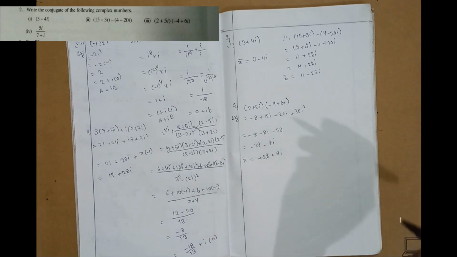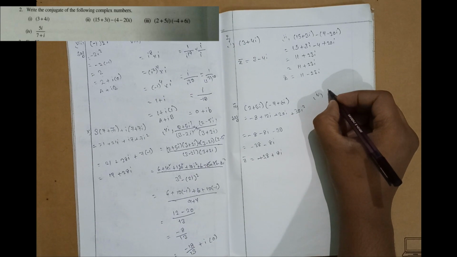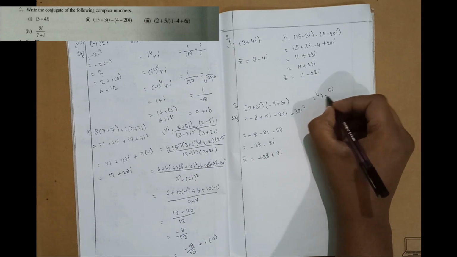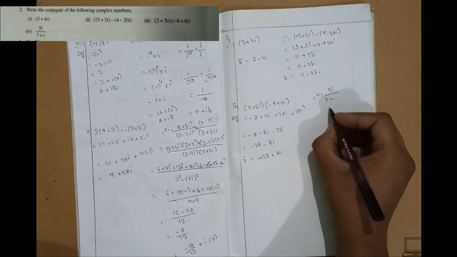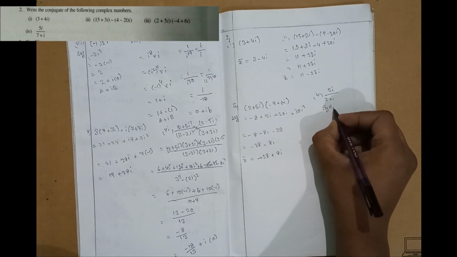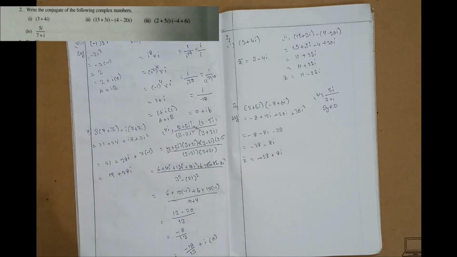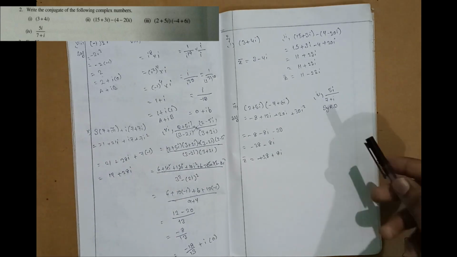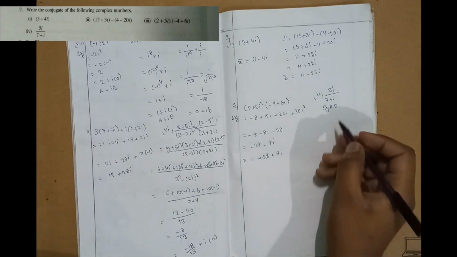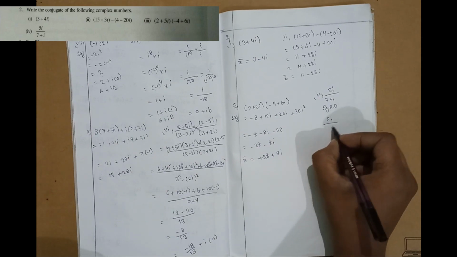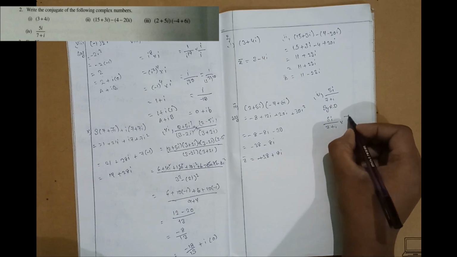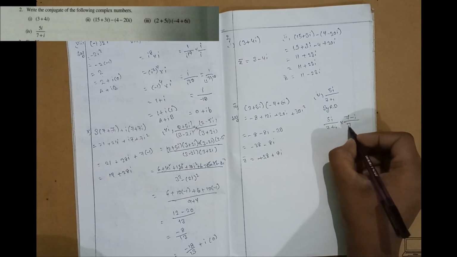Okay, question is given 5i by 7 plus i, by rationalizing the denominator. If you have a fraction and you don't have any method, simply do the rationalizing of the denominator, then you will get some answer. 5i into 7 plus i into 7 minus i by 7 minus i.